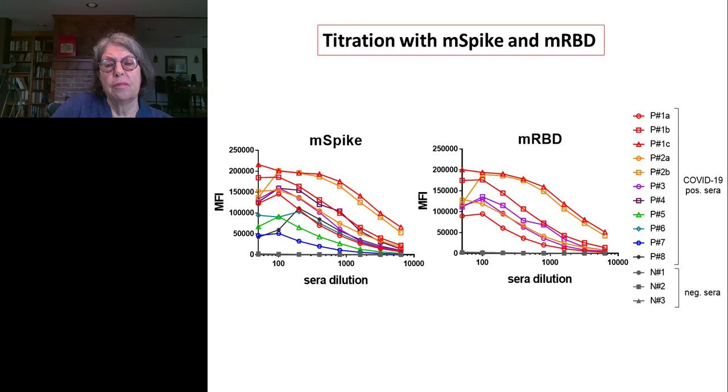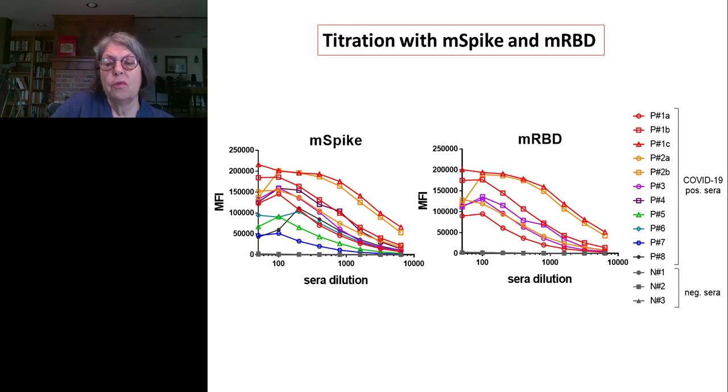So you can see these beautiful titration curves that we get when we're titrating from 1 to 50 out to a dilution of just over 6,000 here. You can see that at 1 to 6,400, we're down close to baseline with most of the specimens, but some of them still have quite high titer and will probably go out to 12,000 or even 24,000 in this particular assay.